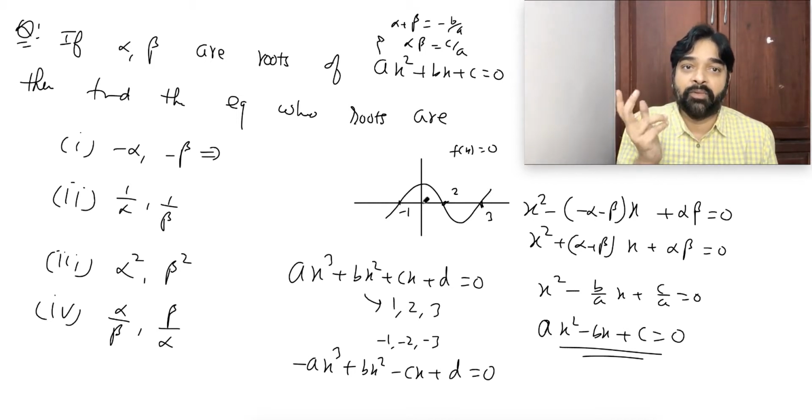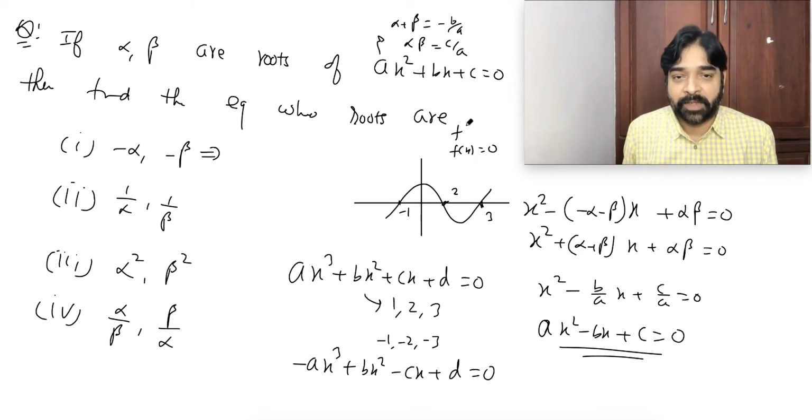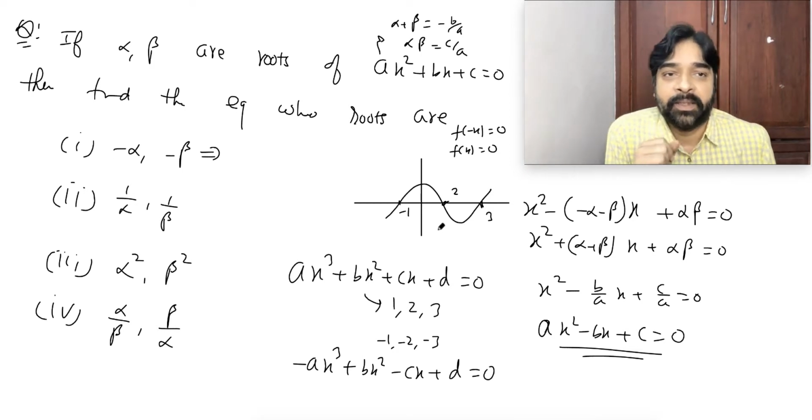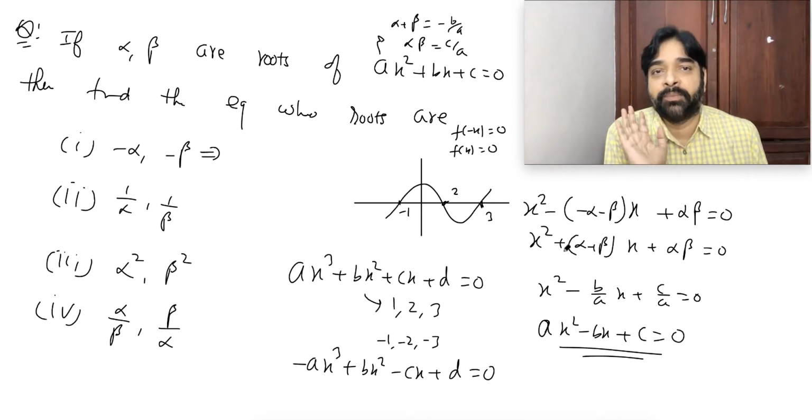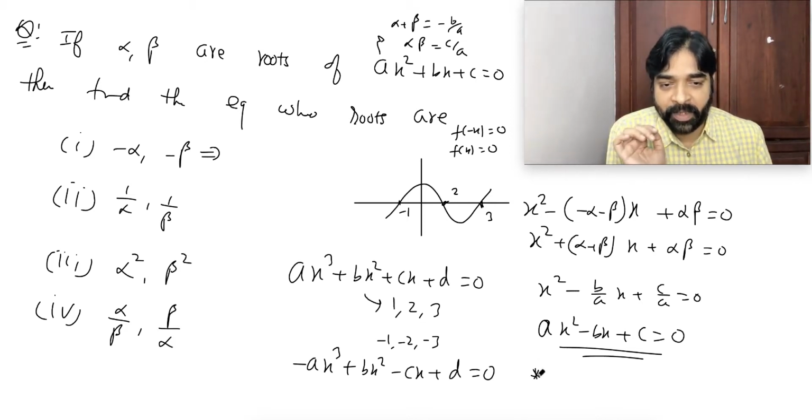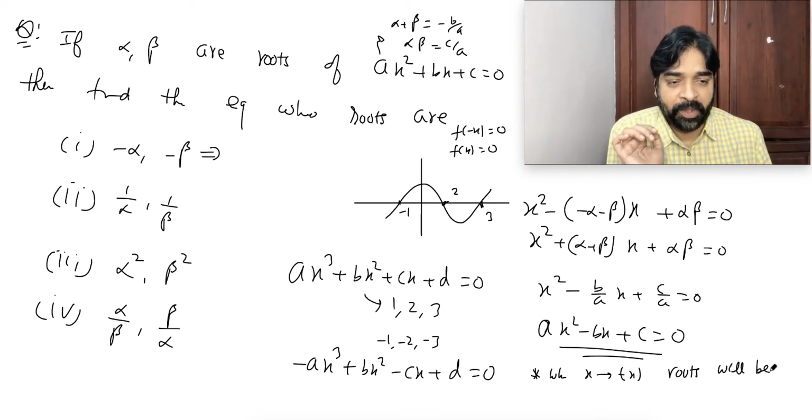Try to recall the fourth method in the graph. Replace x by -x, means the new equation will be f(-x) equal to 0. Did you understand the point? So whenever you replace x by -x, roots will become negative, that is, of opposite sign.